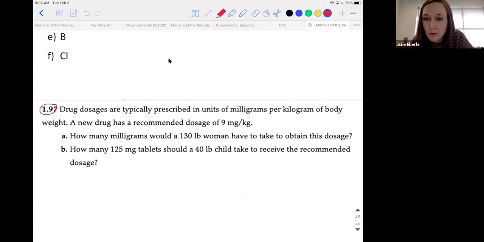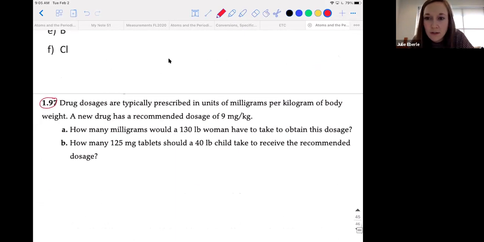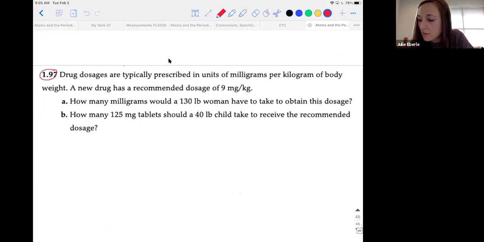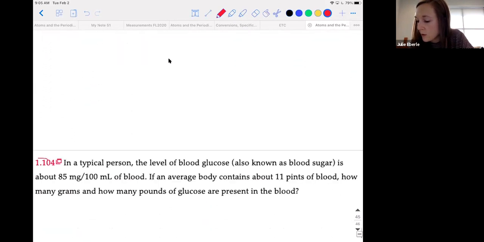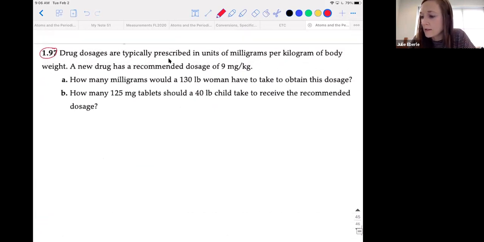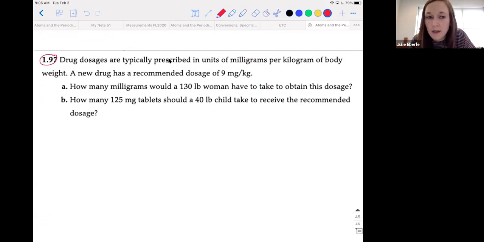If you go to the back of chapter 1, there are lists of problems, and I found what I thought were 2 good problems. I feel like it's really good for us to practice together some more complex conversion problems before the exam. Let's work these, and if anybody has any questions, I'll stick around after. I also have a study session beginning at 9:30. We're just going to work problems if anybody wants to join.